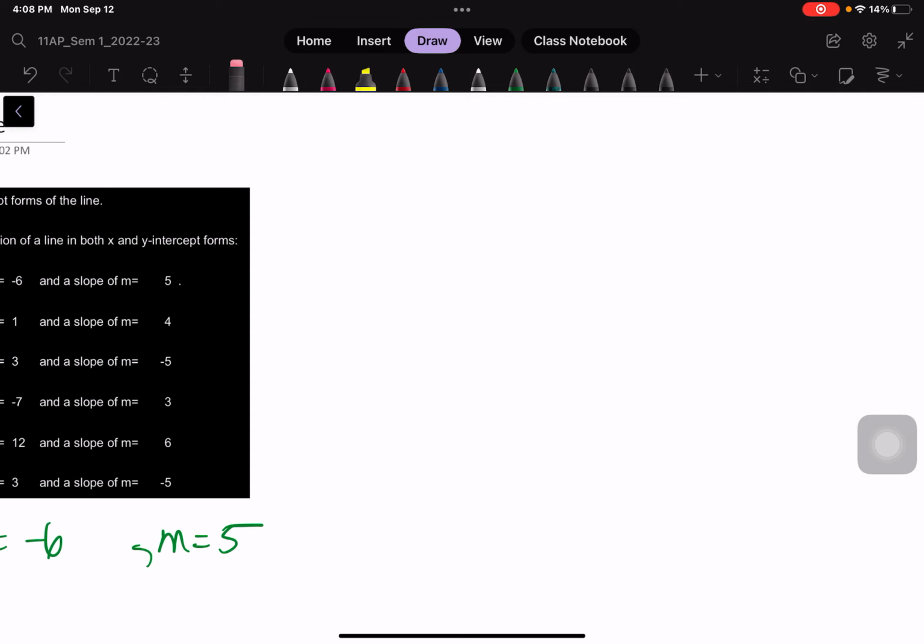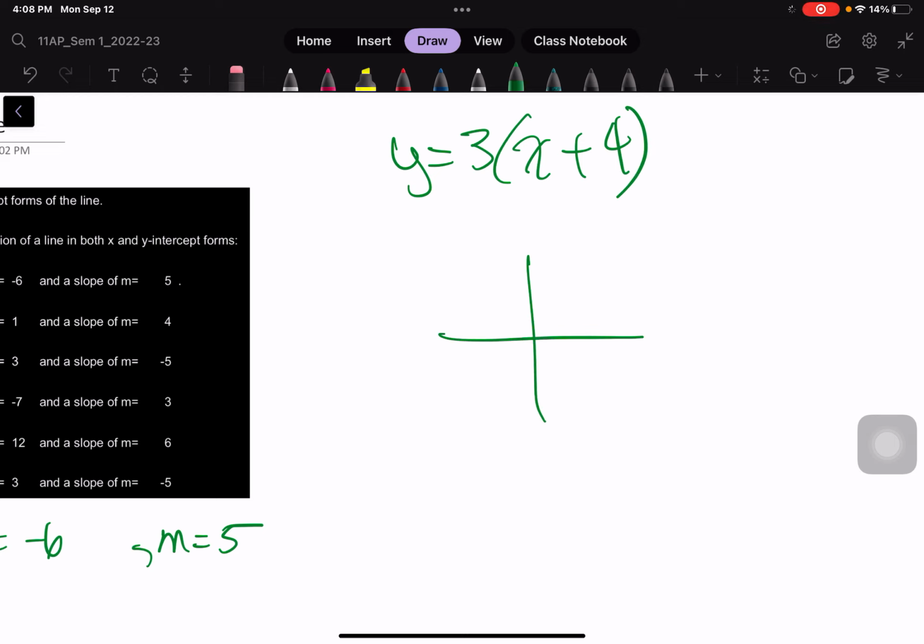So if we had the equation of the line, y equals, say, 3 bracket x plus 4, how would I graph that? Well, remember that the equation of the y-axis is x equals 0, and the equation of the x-axis, rather, is y equals 0.